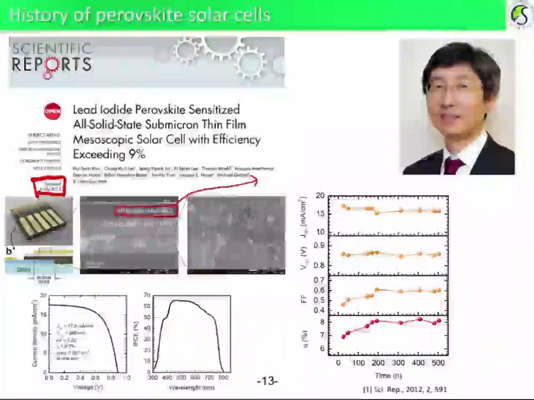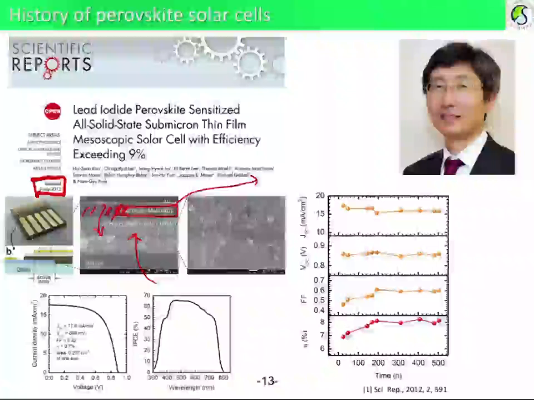So you can see that it still used the mesoporous titanium dioxide sensitized with the perovskite nanocrystal, and on top of the titanium dioxide layer, the hole transporting spiro-OMeTAD was deposited, and this spiro-OMeTAD infiltrated into the mesoporous titanium dioxide layer and served as a hole transporting layer.